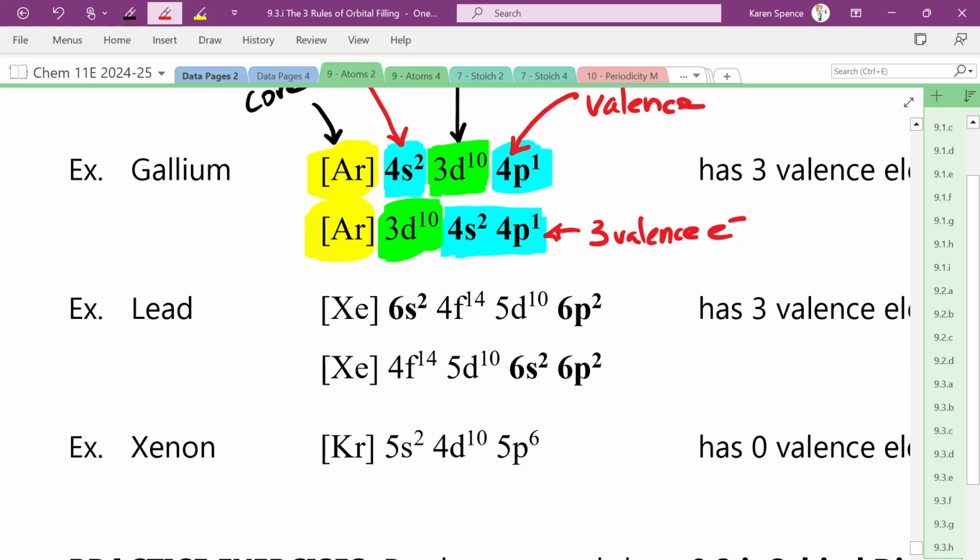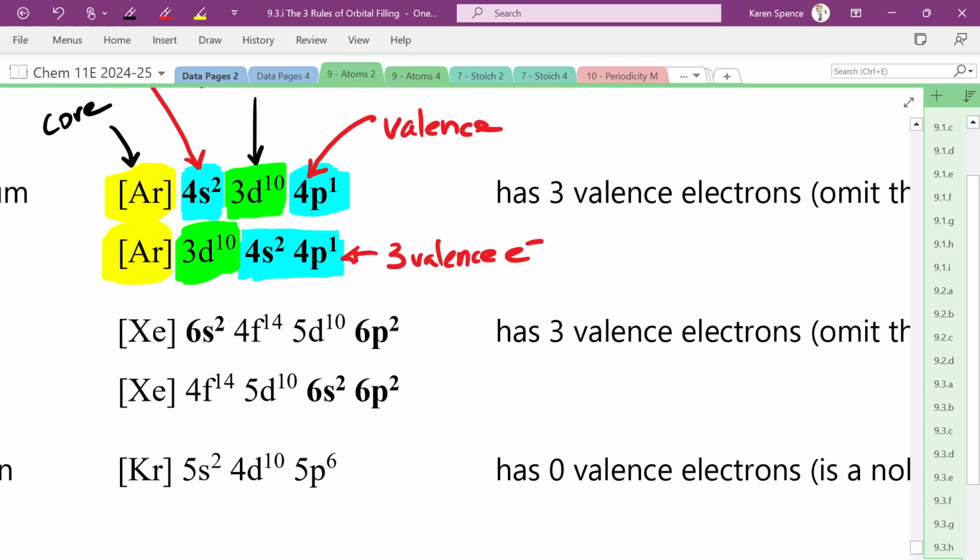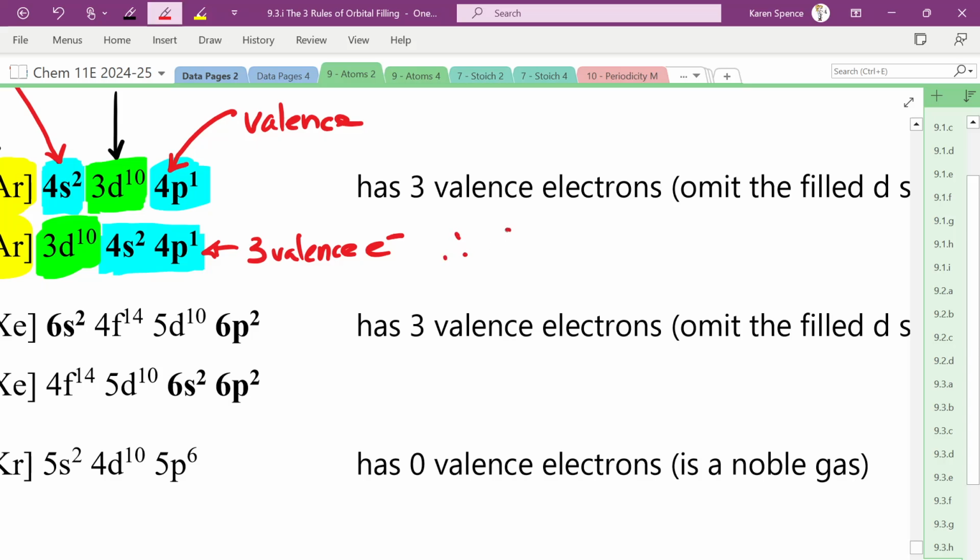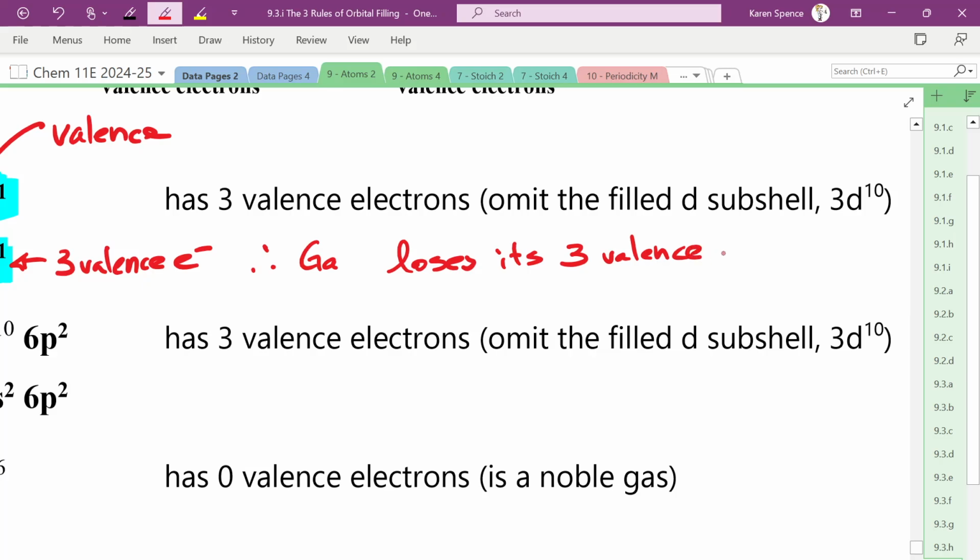Therefore, gallium forms a 3+ ion when it loses those 3 valence electrons. Ga loses its 3 valence electrons to become Ga3+.